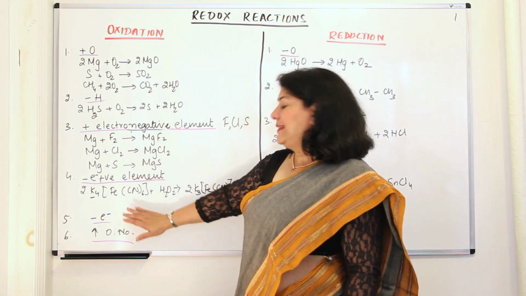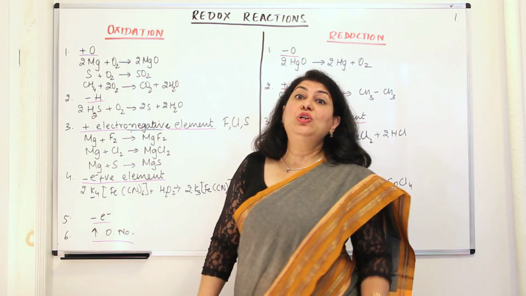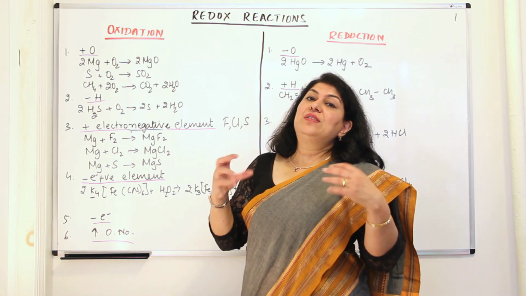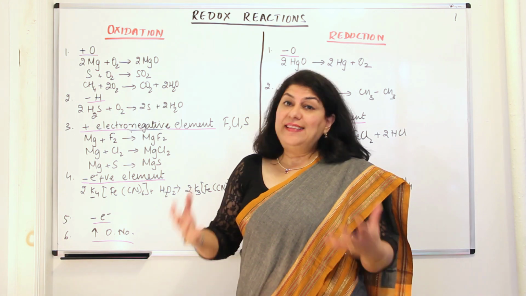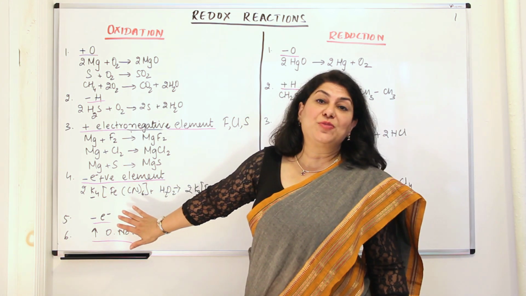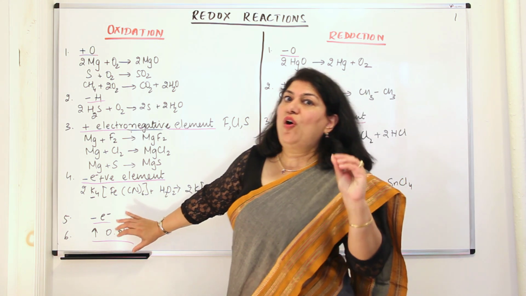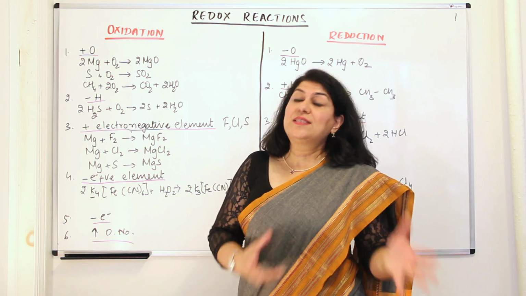Now, why do we say that removal of electrons is oxidation? Because when an atom loses electrons, it turns positive, it becomes positively charged. And that positively charged form of that substance is the oxidized part, or the oxidized form.